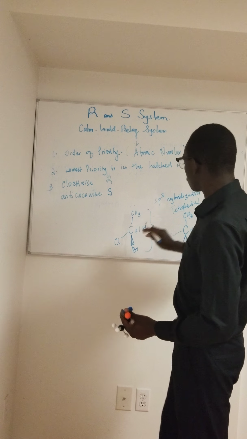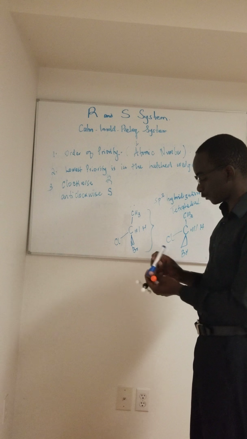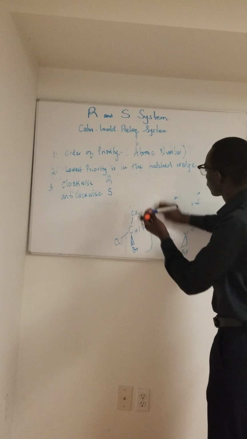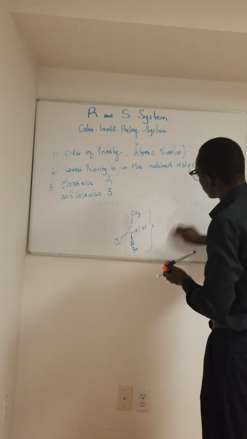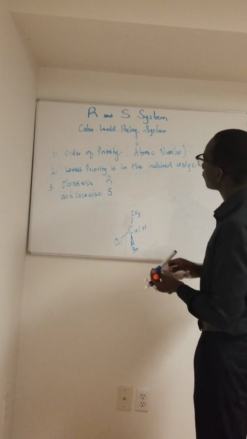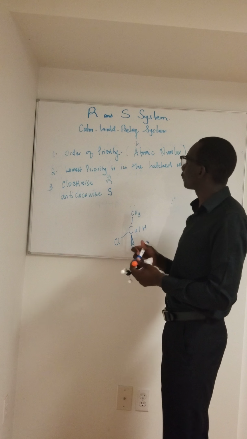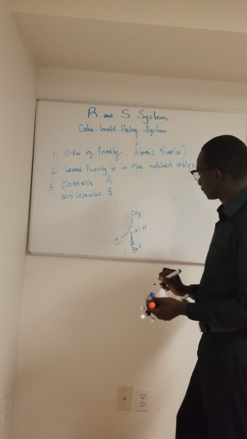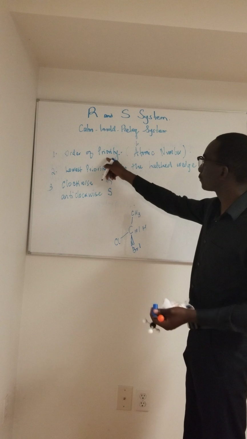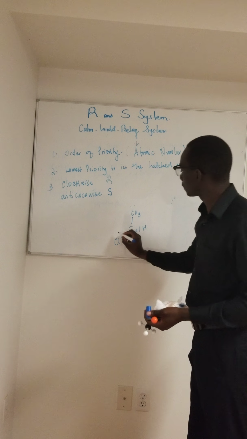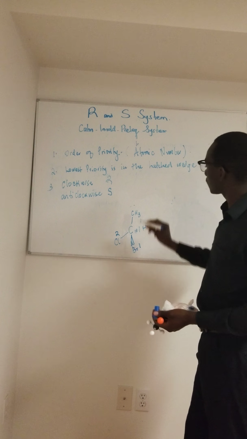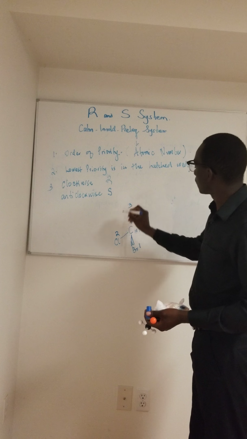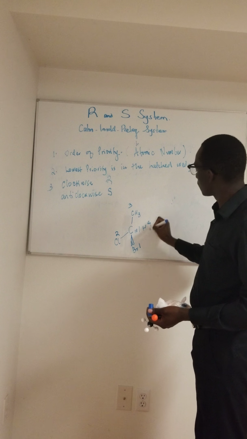So let us use this as our example to illustrate these priorities that I've put forth on the board. So if bromine is my number 1, because it has the highest priority, then followed by chlorine, number 2, then carbon is number 3, and then lastly, the hydrogen is number 4.